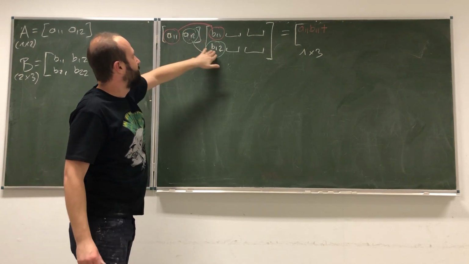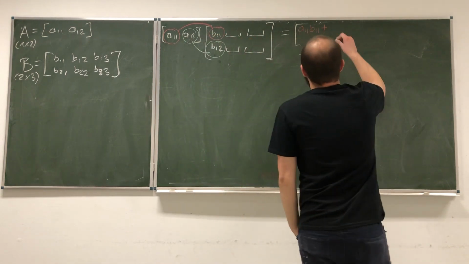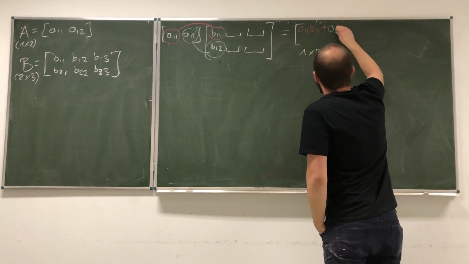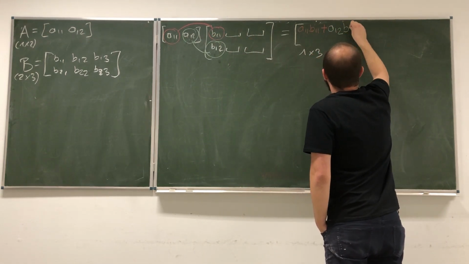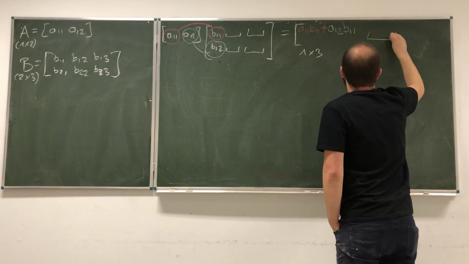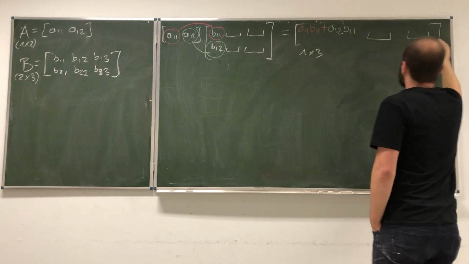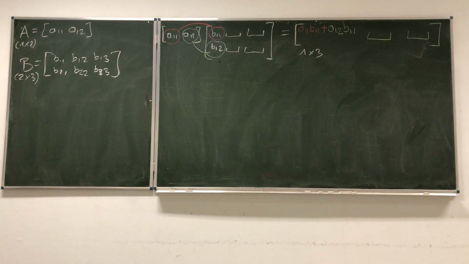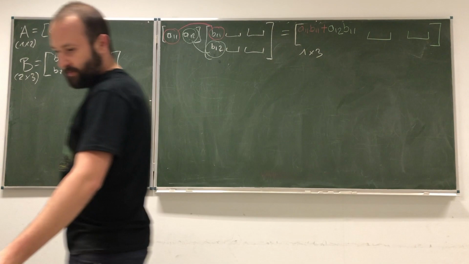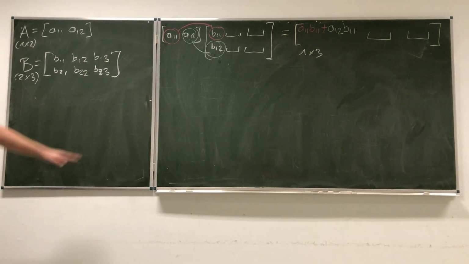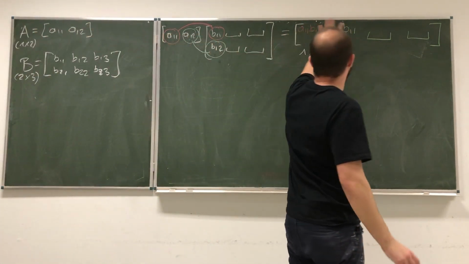So row by column. Okay, so we've got A12 B21. And of course here we will have two more elements, but to those we'll get back later. Now that we've got the first element, if we calculate all this, we will get our first element.